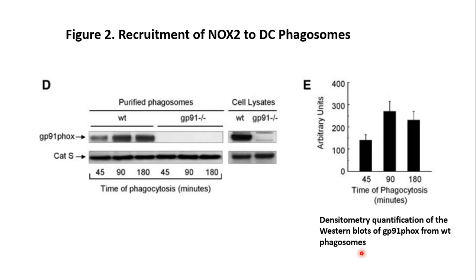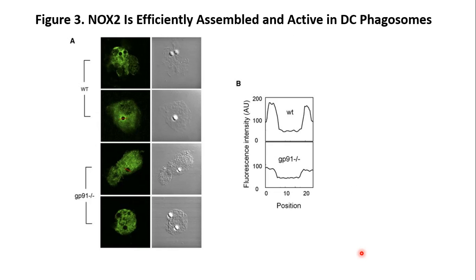So the next attempt was to determine if NOX2 was active in DC phagosomes. So they saw that NOX2 is efficiently assembled and active in DC phagosomes, as you can see, compared to wild type with gp91 subunits of NOX2 defective, the difference of fluorescence intensity.